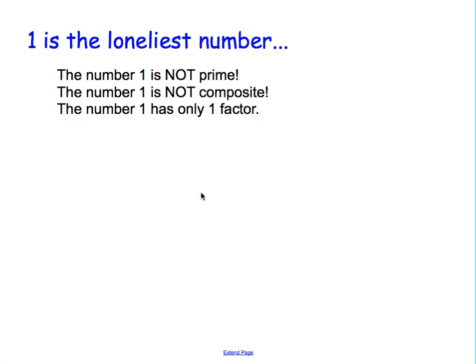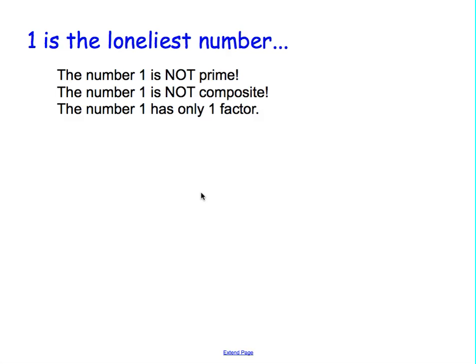Now, let's talk about the number 1 for a minute, because a lot of 5th graders tend to get a little bit confused about the number 1. The number 1 is special. It's in a category all by itself. The number 1 is not a prime number, and a lot of people, especially 5th graders, get that confused. The number 1 is not prime.